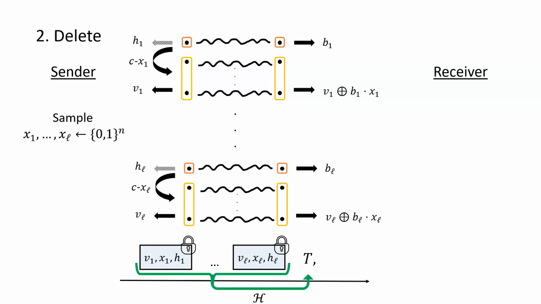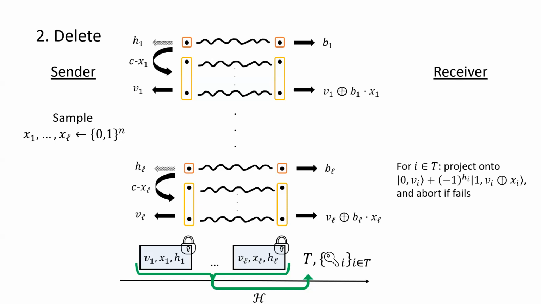So let's say we have some hash function that the sender applies to this description of their commitments in order to sample this random check set T, and the sender will transmit the opening keys for this set T. And like I said, for this set T, the receiver can project onto the honest states and abort if any of them fail.